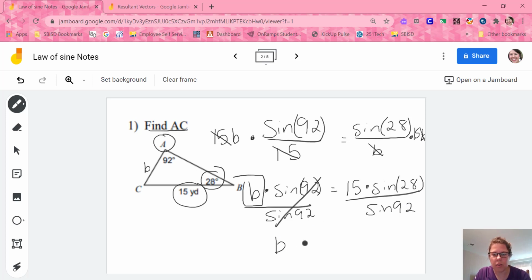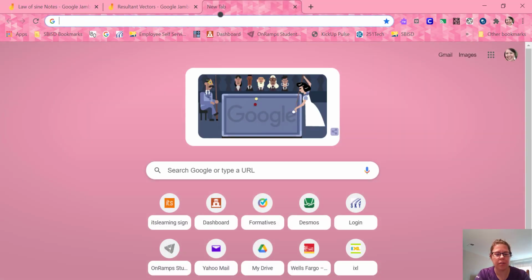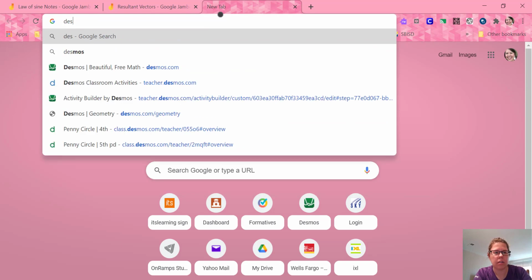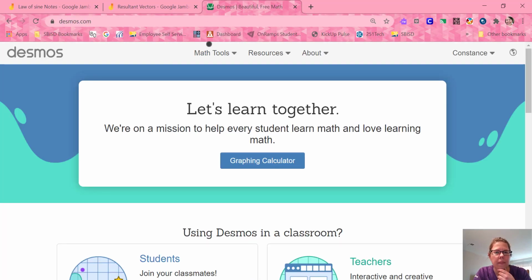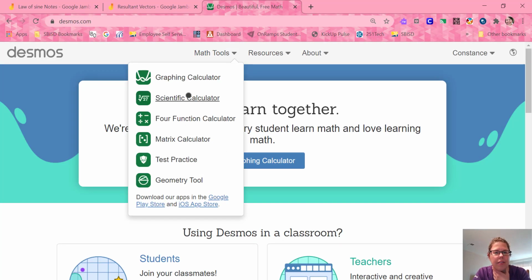I can just type all of this in my calculator. So let's go to Desmos and open the scientific calculator.